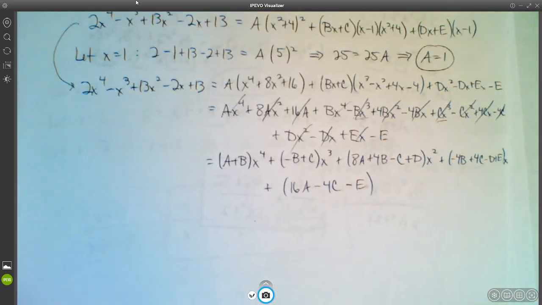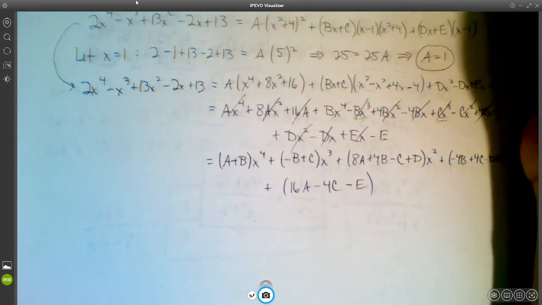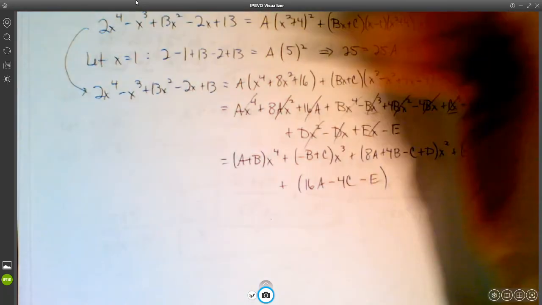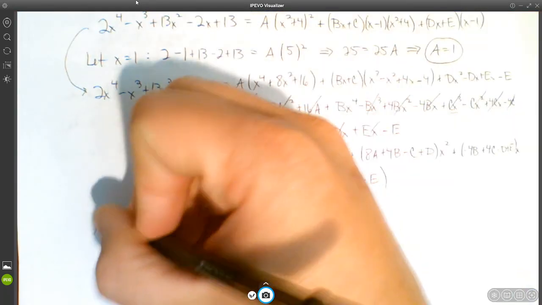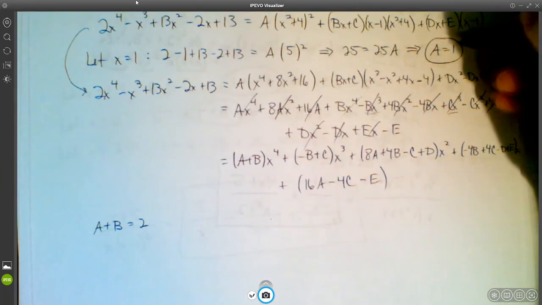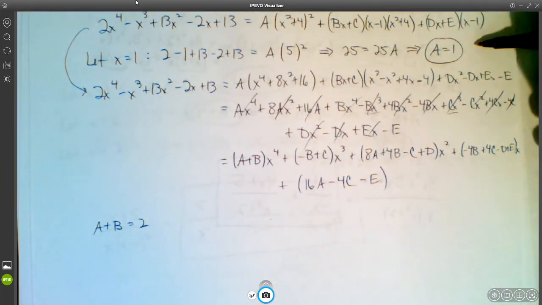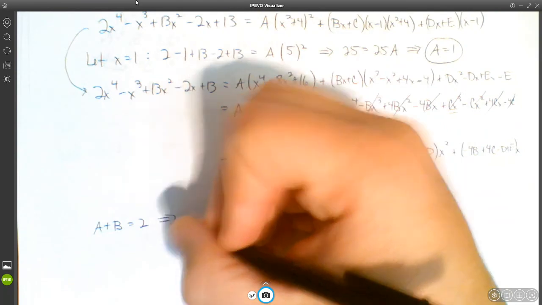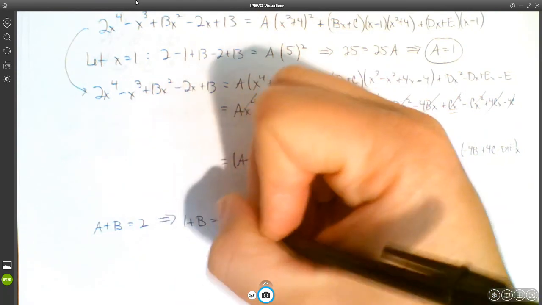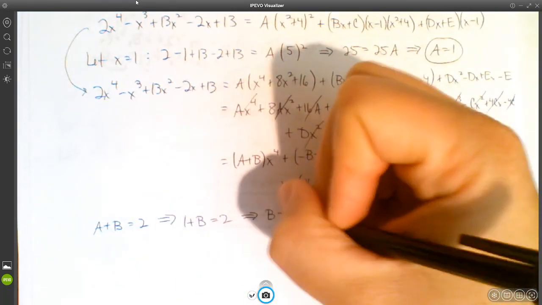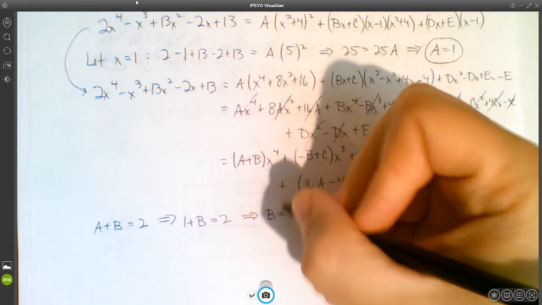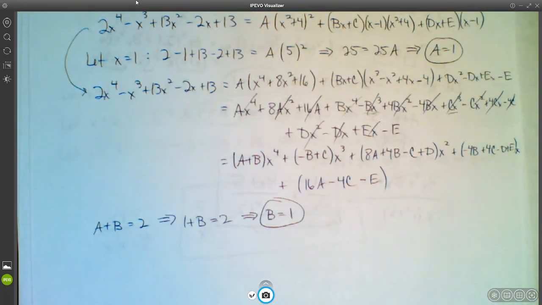Okay. Well, now I can equate coefficients, right? I can say a plus b equals 2. But I already know that a is 1, right? So really this means that 1 plus b equals 2, which means that b is 1. Okay, so a is 1, b is 1.